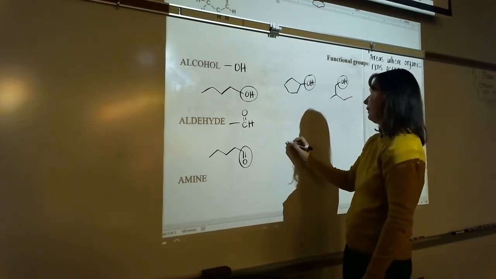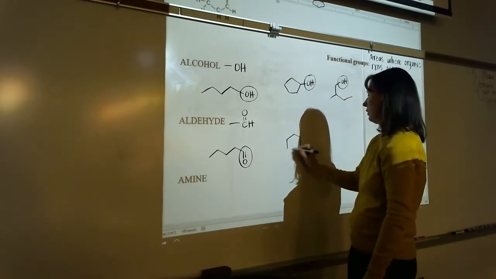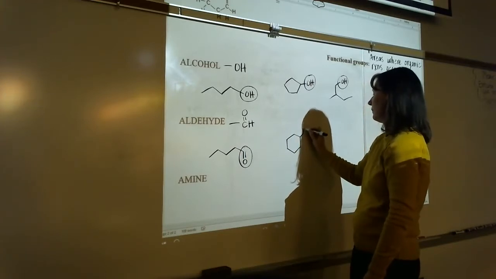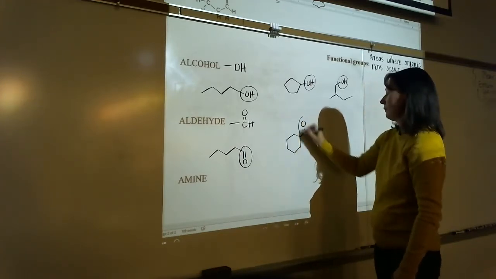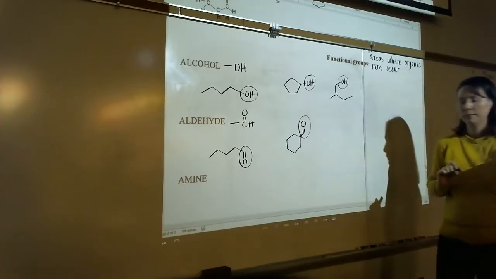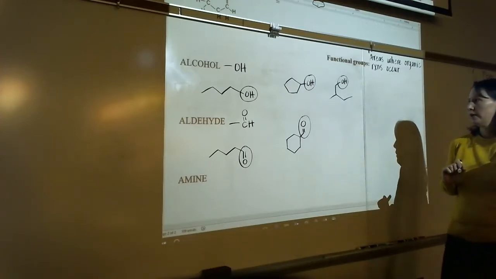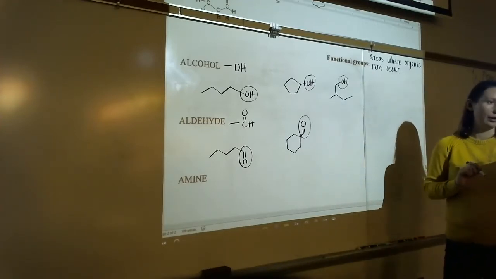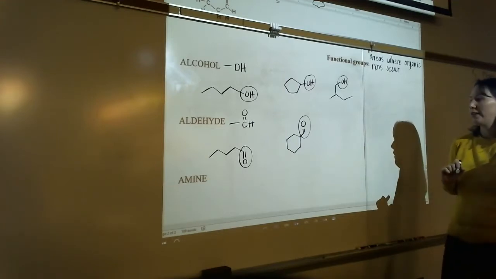Or if you had, there's your aldehyde. Okay? Does everybody see how to recognize aldehydes? They are on the end of the molecule.